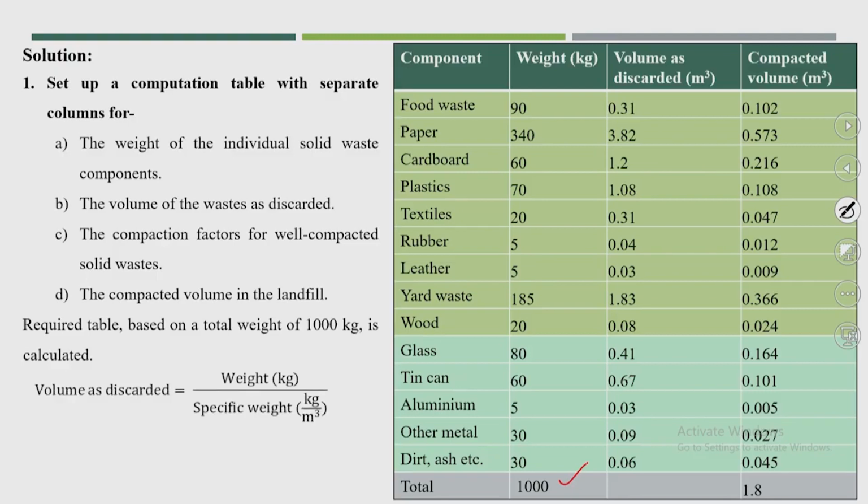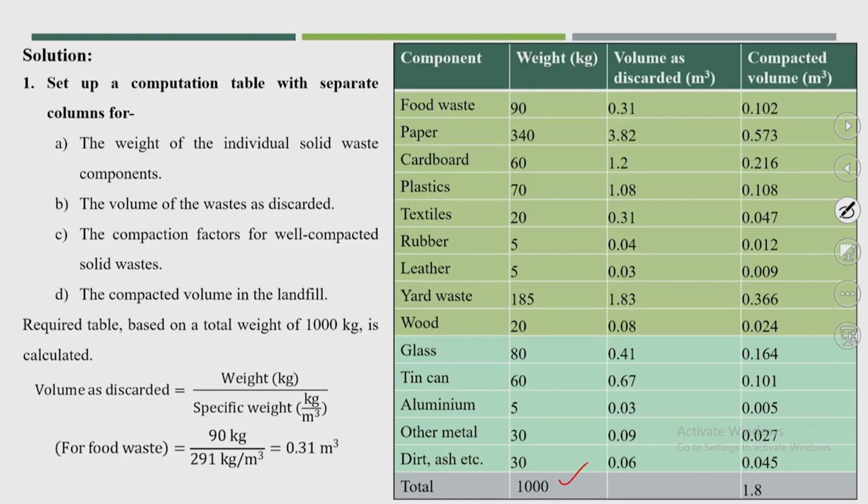The volume as discarded we calculate as weight divided by specific weight. We know the specific weight of each component. For food waste, the total weight was 90 kg and the specific weight was 291 kg per meter cube. Finally we got the volume, 0.31 meter cube.